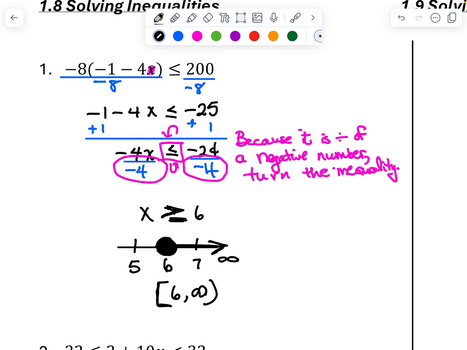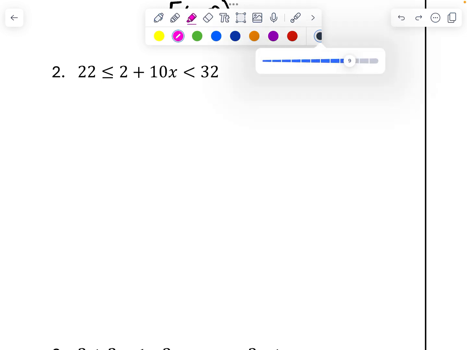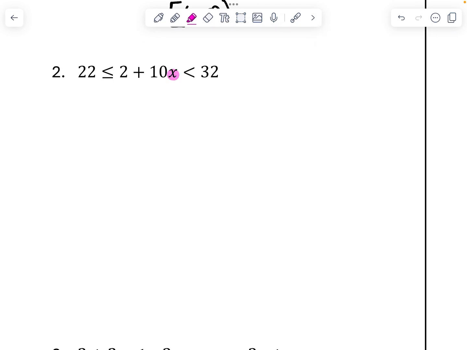All right, number 2. Okay, so again, before I get started, I am going to locate the variable, and the variable is right here. So I need to get it isolated. So I'm going to subtract 2, and I'm going to subtract 2 from all 3 sections of the inequality.